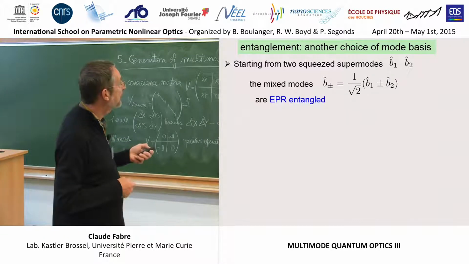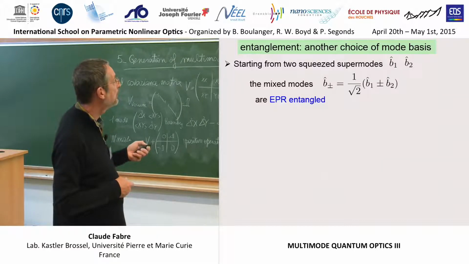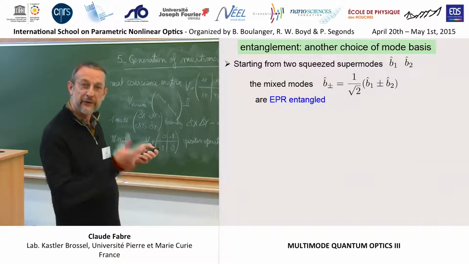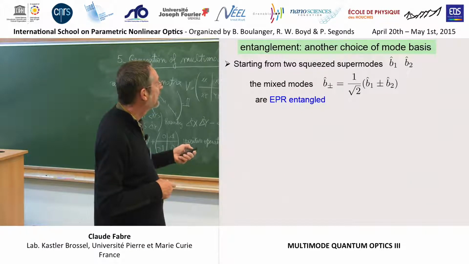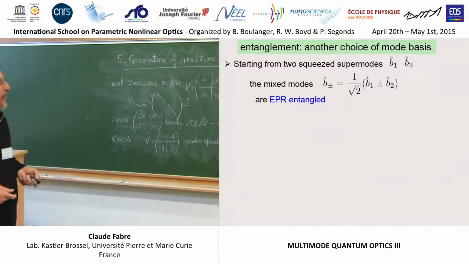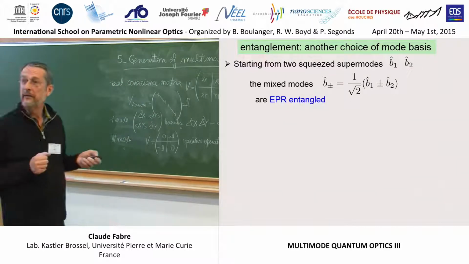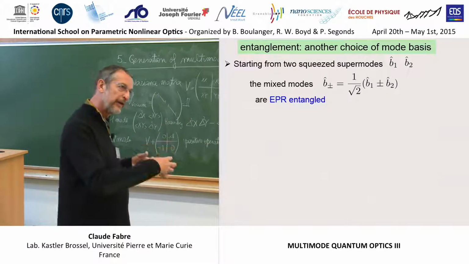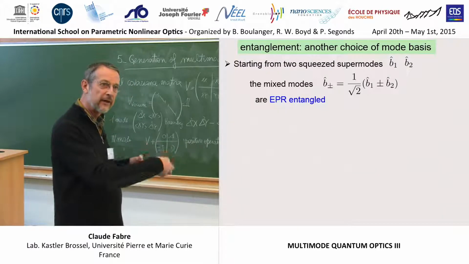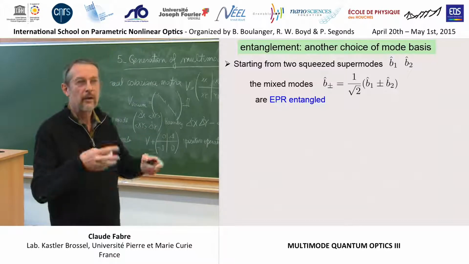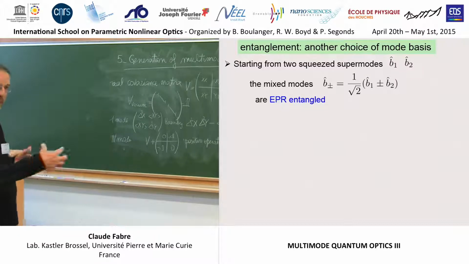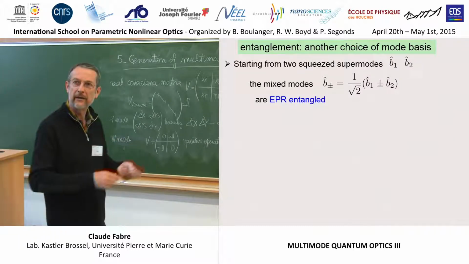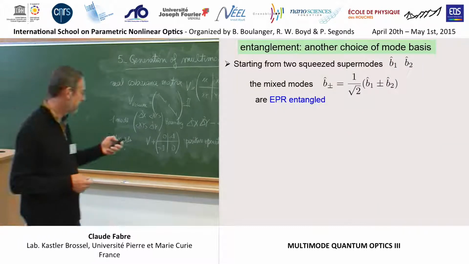You can show that if you start from squeezed states in two modes, B1, B2, and you change the basis in the same way as for the 0-2, with the plus combination or minus combination of the two modes, then these two are EPR entangled. So you go from a factorized non-classical state, a factorized squeezed state, to non-factorizable states, which are these EPR states. So you transform the squeezing into correlations. It depends on the way you do it, but it's the same result.